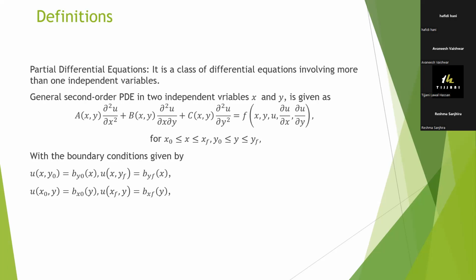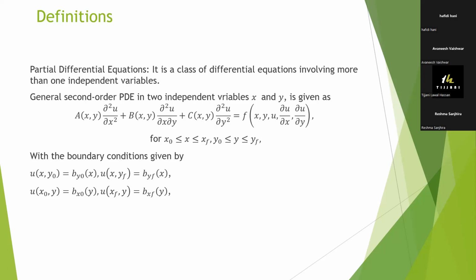Since we are taking a second order partial differential equation in both x and y variables, we require 4 boundary conditions for this problem. The boundary conditions are given by u(x,y0) = b0(x), that is when taking the initial point along the y-axis, and u(x,yf) = bf(x). These are just notation. I will use this notation during my MATLAB program, so you can write them down, or keep them in mind.